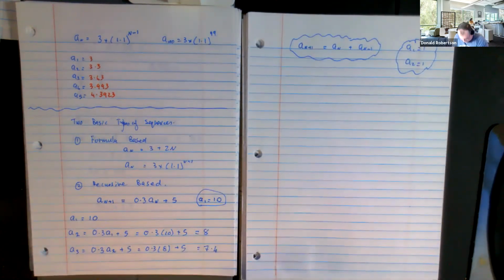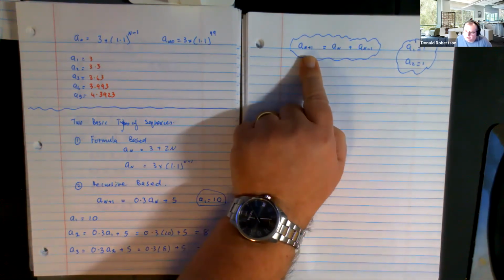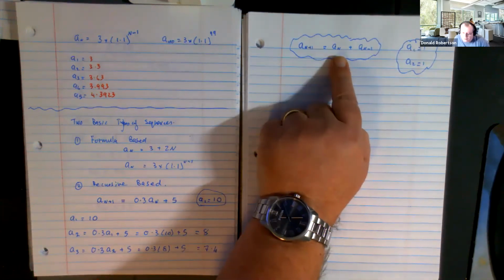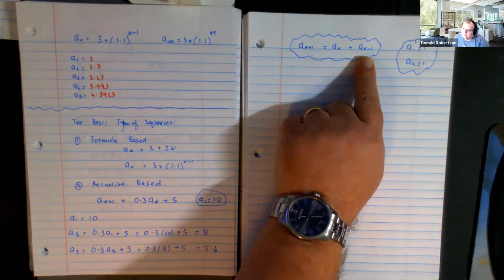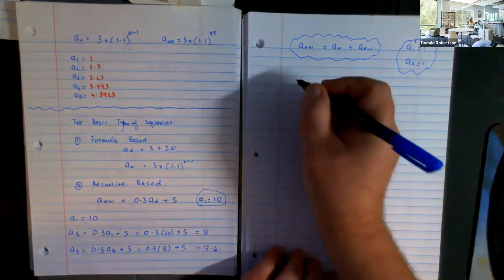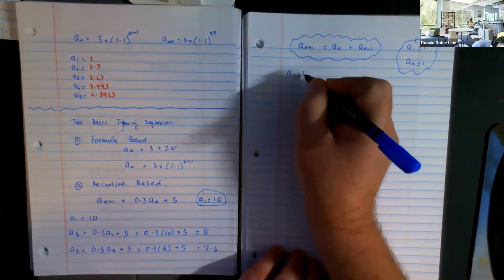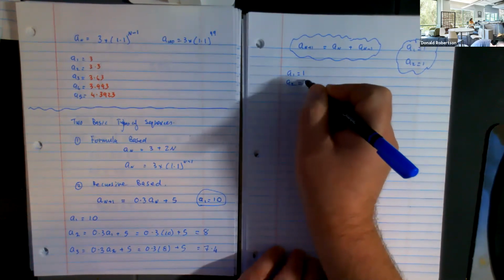Now, what the heck is that trying to tell us? The next number in the sequence is the previous number plus the one that came before that one. Now, let's see what that looks like. A1 is 1, A2 is 1.